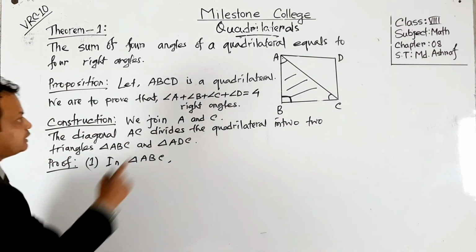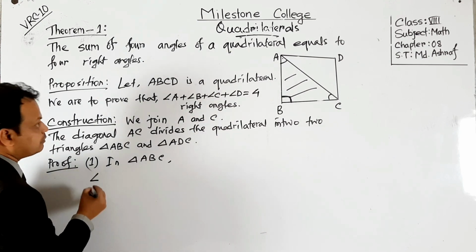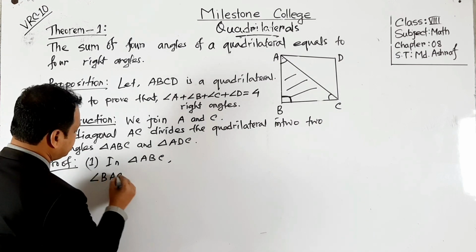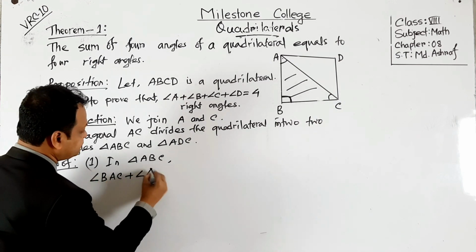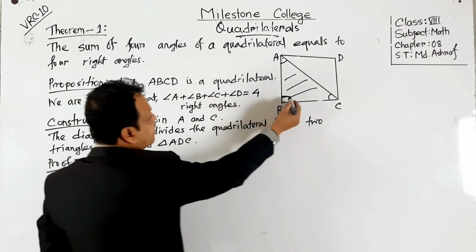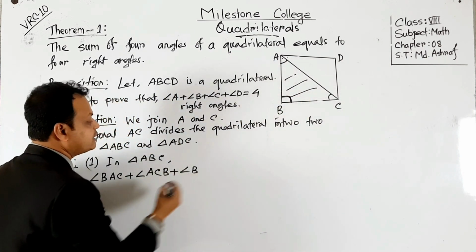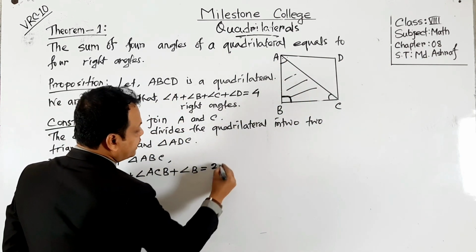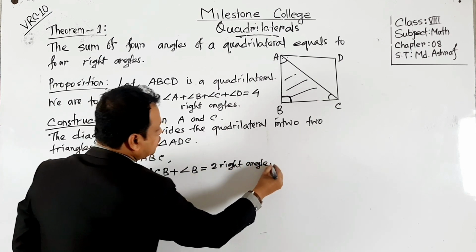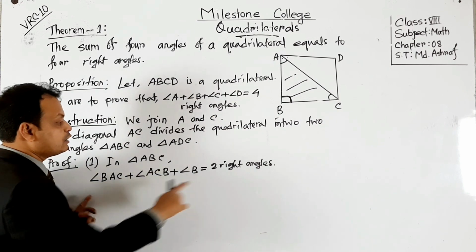So we can write the sum of three angles in triangle ABC: angle BAC plus angle ACB plus angle B. Because A is divided into two parts, but B is not divided, that's why we write angle B equals two right angles. So this is the first point. In triangle ABC, the sum of three angles is two right angles.